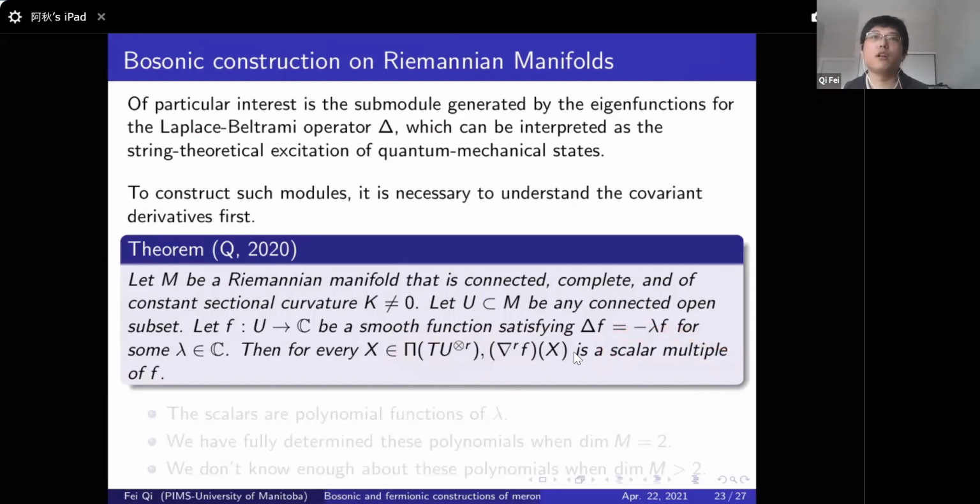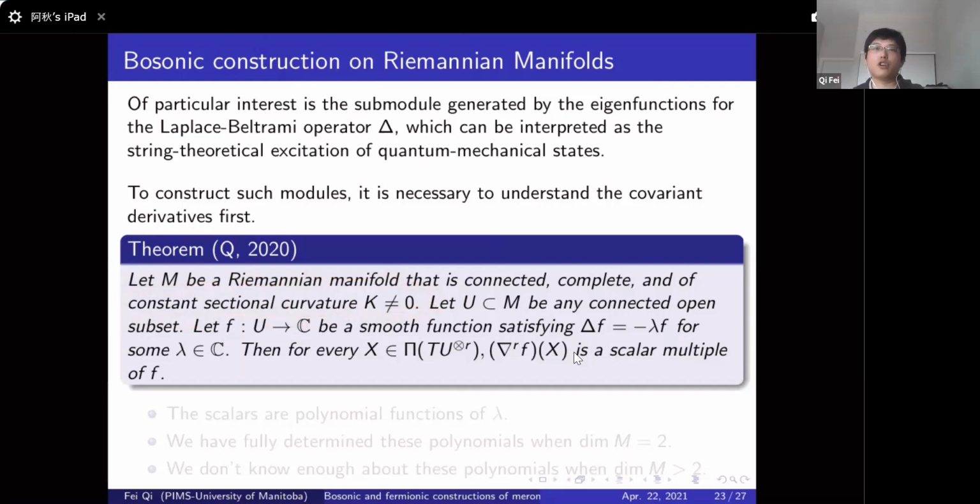Originally we were expecting an infinite dimensional representation, but we ended up with a one-dimensional representation. I still don't have any good conceptual understanding of this. It's just very strange. It's definitely very much dependent on our assumption of constant sectional curvature.